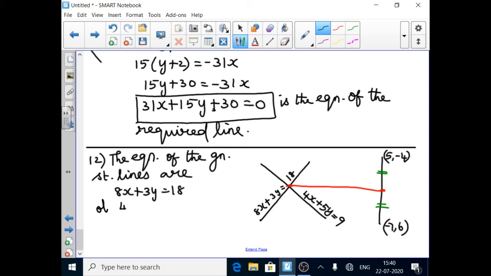Second equation 4x plus 5y is equal to 9. So I take it as first equation, second equation. First equation x coefficient is 8, second equation x coefficient is 4.